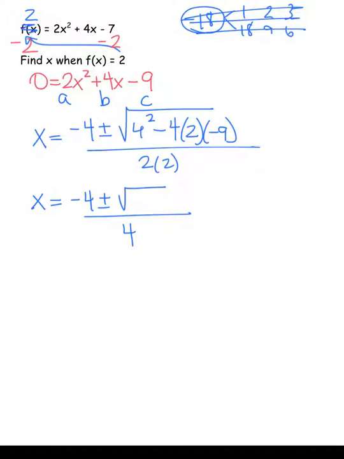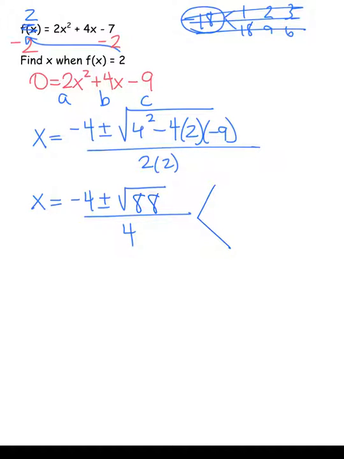We take all this part inside the radical and figure out what it is. I recommend just typing it in your calculator. 4 squared minus 4 times 2 times negative 9. 88. Whoops. Okay, it's a positive number in my square root, so I'm going to get two answers.